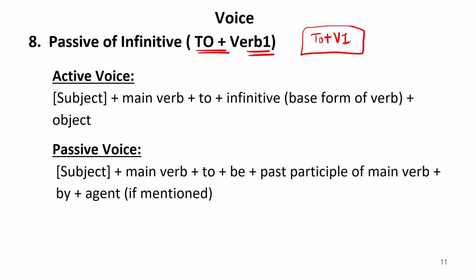This we have already read in non-finite verbs. So the active voice of this sentence is like subject plus main verb plus "to" plus infinitive, that is base form of verb or verb first form. Now whenever we convert this into passive, we have subject, then main verb, then "to be," then past participle of the main verb.